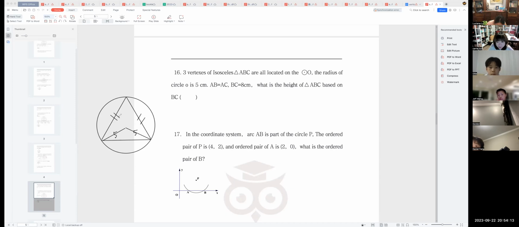So AB equals AC, right? So BC equals 8 centimeter.